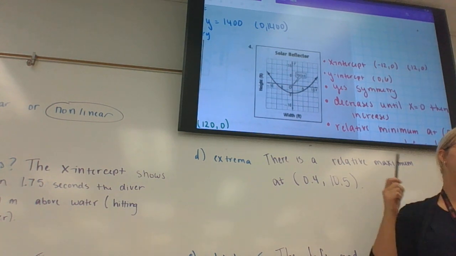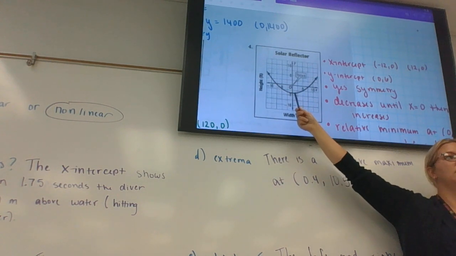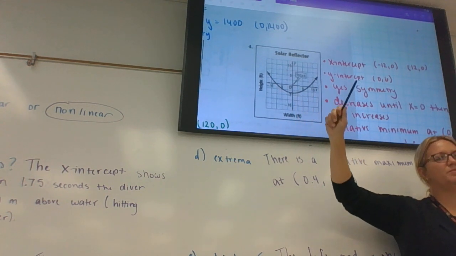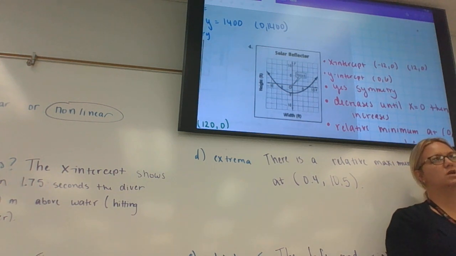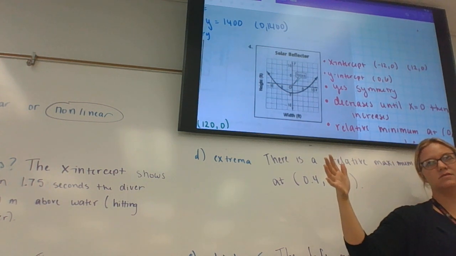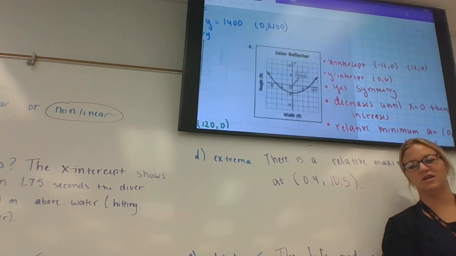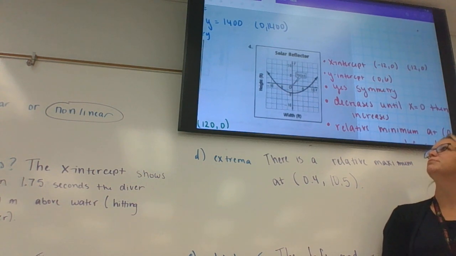What about this y-intercept? Can anybody interpret this one? So, picture a satellite, or the solar panels that collect solar, and it's got a parabolic curve. It's a bowl.